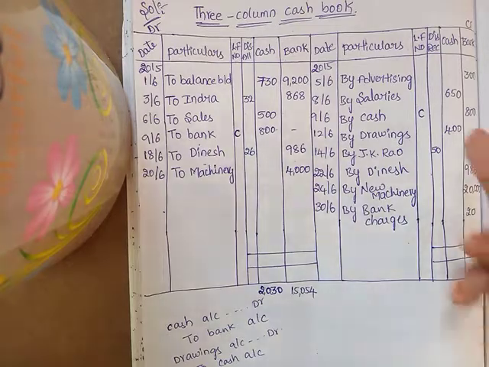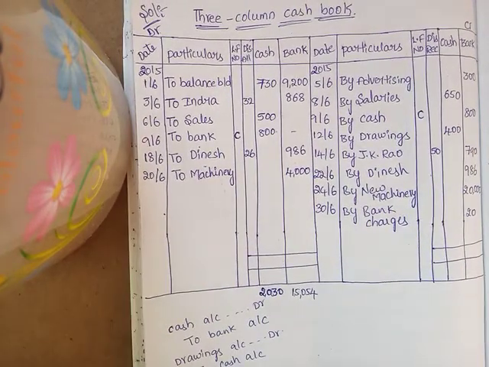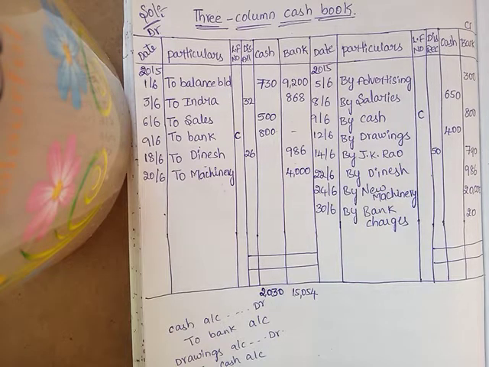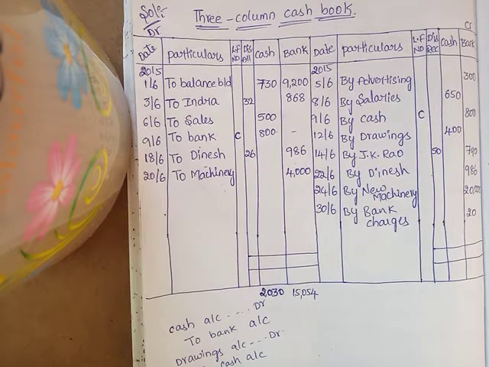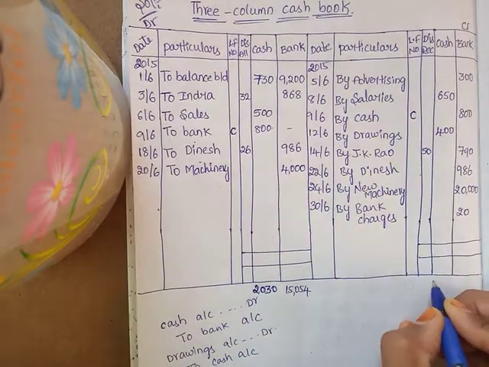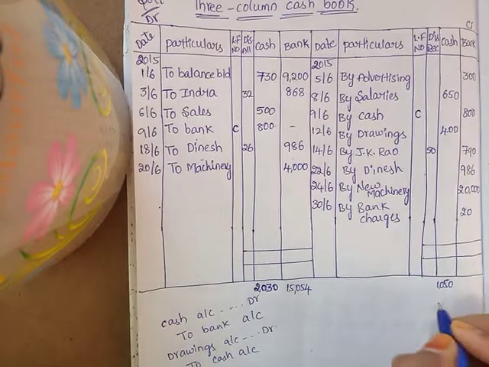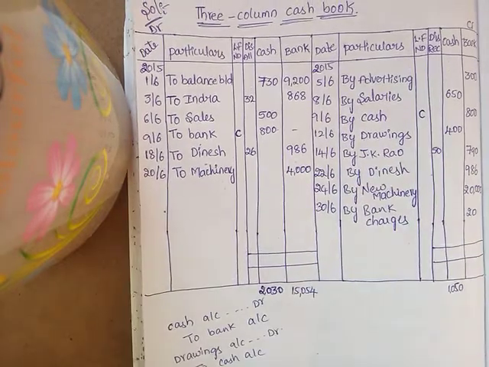Next is credit side total. 650 plus 400 is 1,050. 1,050.